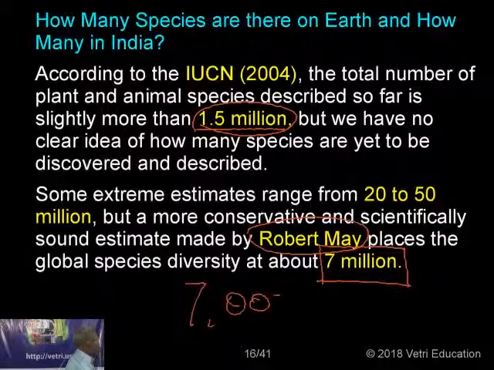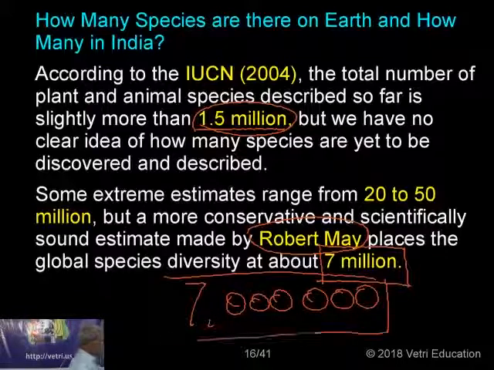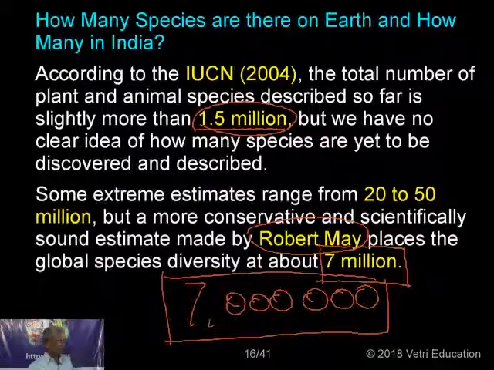This includes plants, animals, viruses, bacteria, viroids, mycoplasma, genetically different varieties, strains, subspecies, everything put together that may come to this number. This is the biodiversity. So many plants and animals are living in this world.